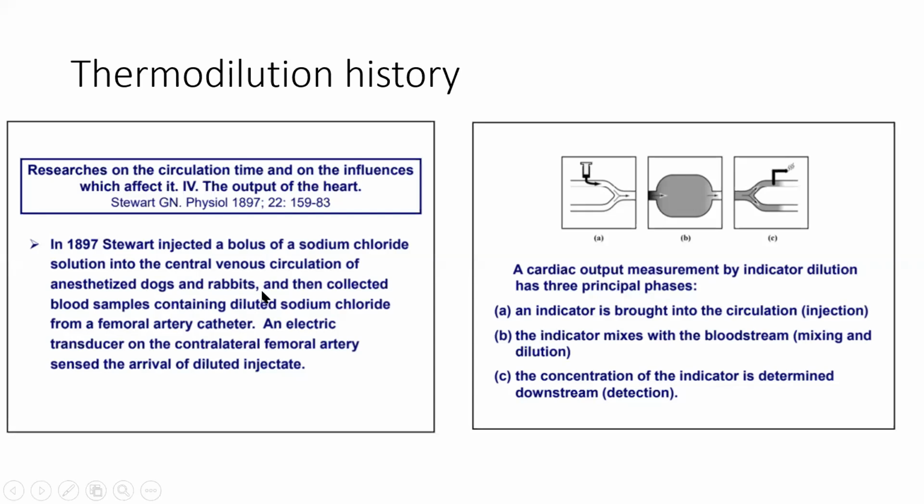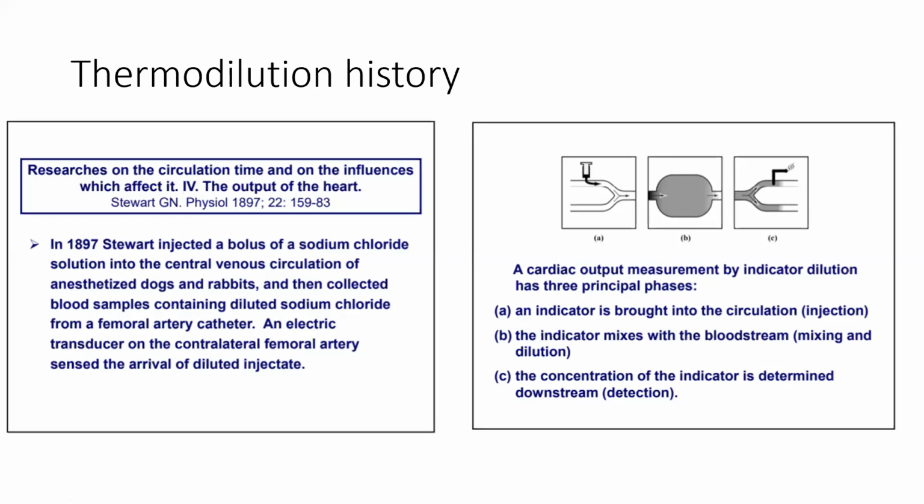Okay. And then he collected blood samples containing diluted sodium chloride from a femoral artery catheter. An electric conductor on the contralateral femoral artery sensed the arrival of the diluted injectate. So he put in a bolus of sodium chloride solution, all right, and then he took back the diluted sample in the femoral artery.